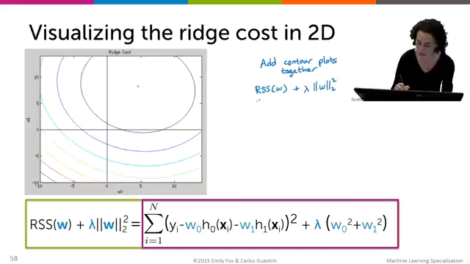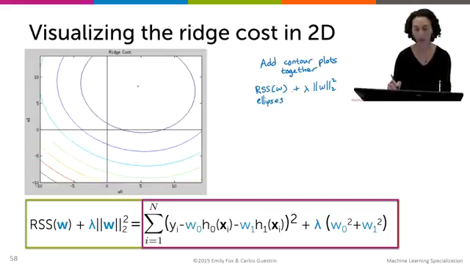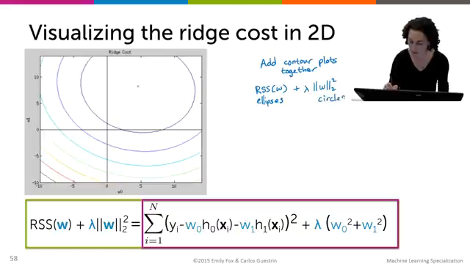Here the residual sum of squares were these ellipses centered about my least square solution, and this 2 norm were these circles centered about 0, and lambda is some weighting on how much I'm including that 2 norm penalty or the cost.